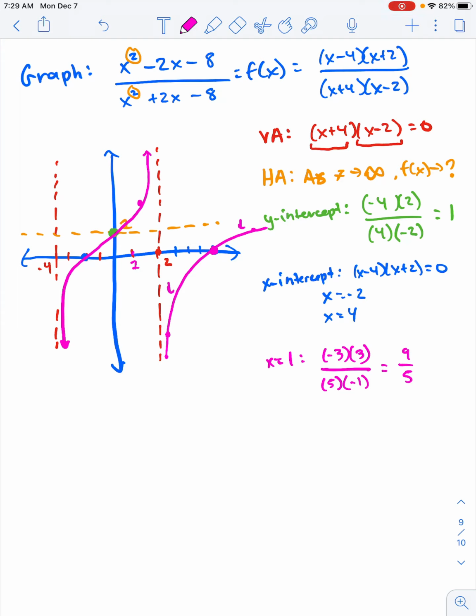And then I need a point over on this section of the graph to understand whether I'm going to be below or above that horizontal asymptote. So I'm going to plug in x equals -5.